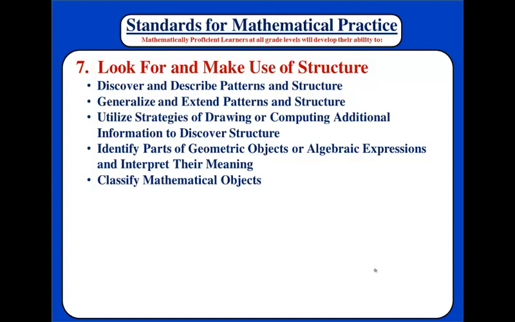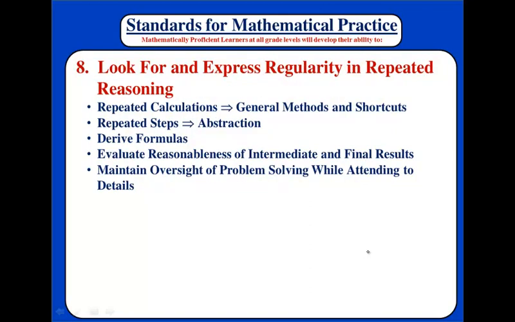So this idea of discovery is very, very important. So part of mathematics is discovering new ideas, to look for patterns, find those patterns, describe them, and then maybe tie this together with one of the other standards, prove that these patterns are going to continue.